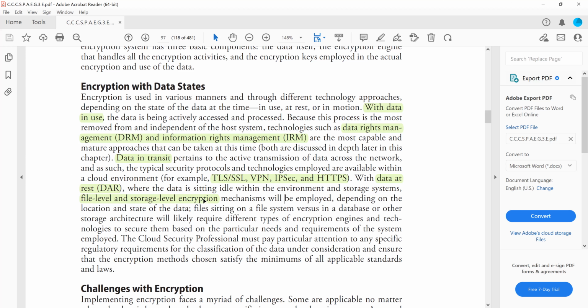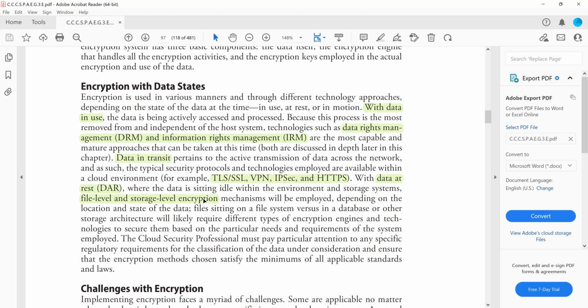And storage level encryption means that you are encrypting the whole storage. But which technology will be used to make this encryption? It is the IPsec. You got the point here?